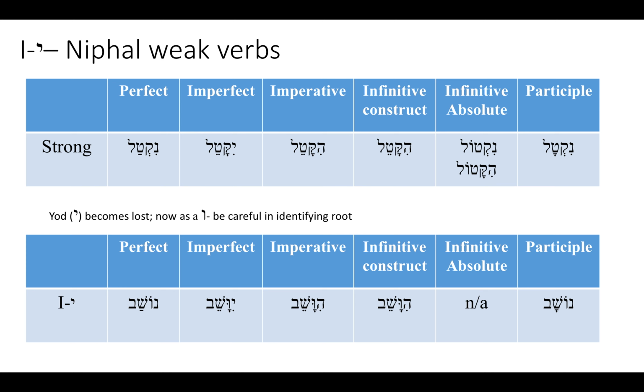The main point to remember is that if you have a vav showing up there, this is originally a first vav verb that now is a first yod verb. So when you're looking it up in the dictionary, you have to look under yod, shin, beit to find noshav or whatever first yod verb you're looking for.